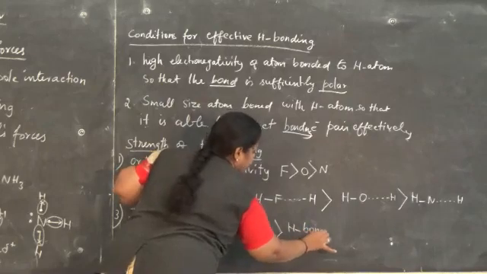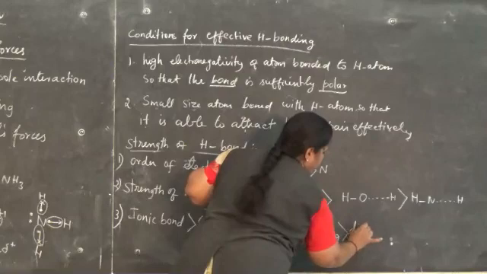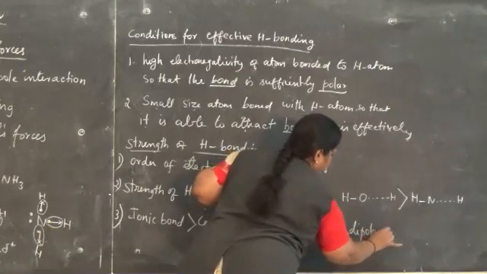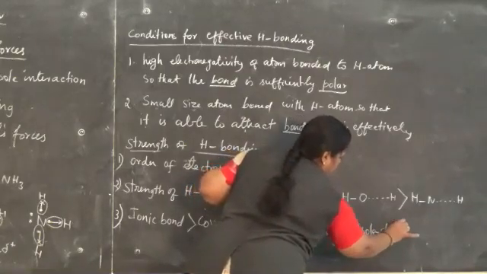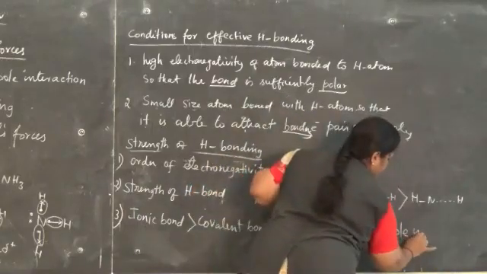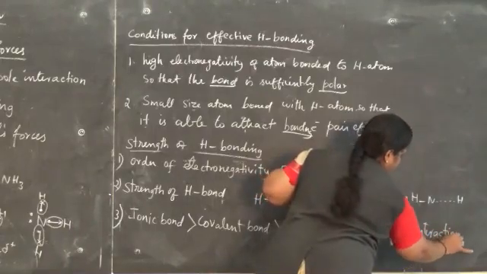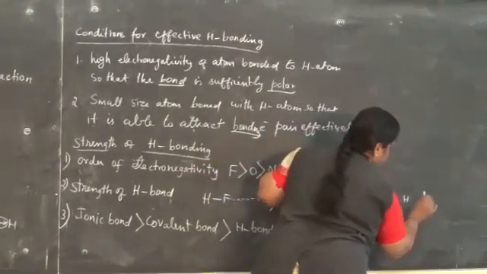The next one is hydrogen bonding. Next one is dipole-dipole interaction. The last one is van der Waals force. The weakest force is van der Waals force.